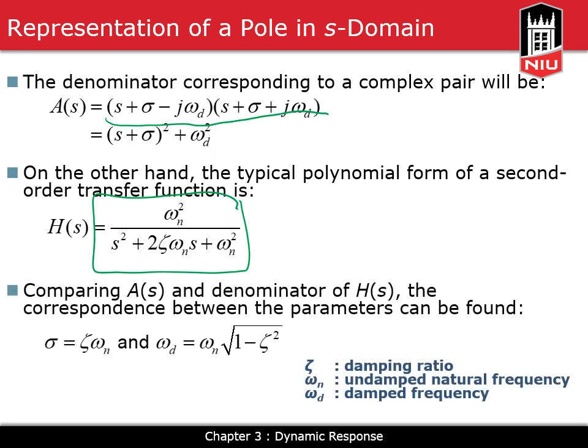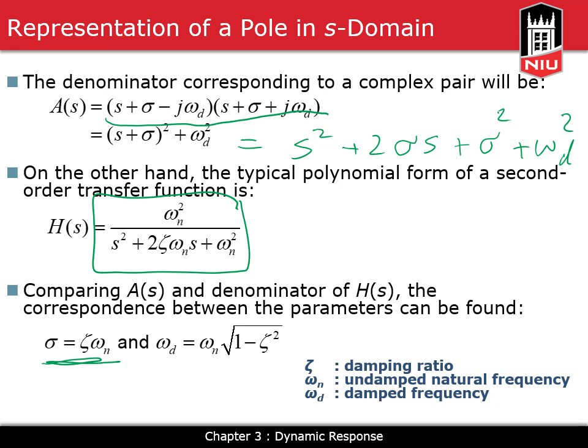If we compare the denominator polynomial A of s that we have in the first bullet in this slide, and compare the denominator of H of s, which is the denominator of a standard second order transfer function, we can easily see that sigma must be equal to zeta omega n. This can be clearly seen because this is equal to s squared plus 2 sigma s plus sigma squared plus omega d squared.